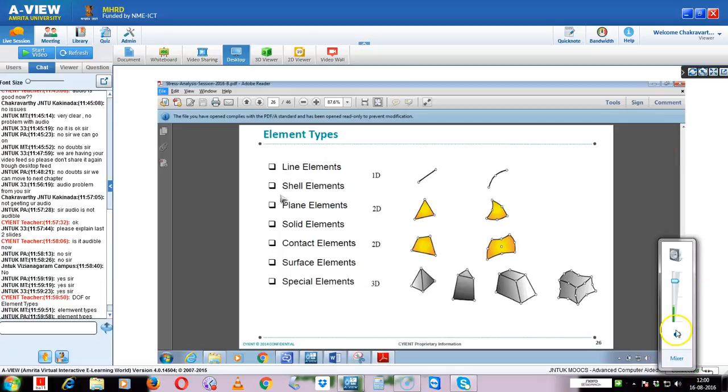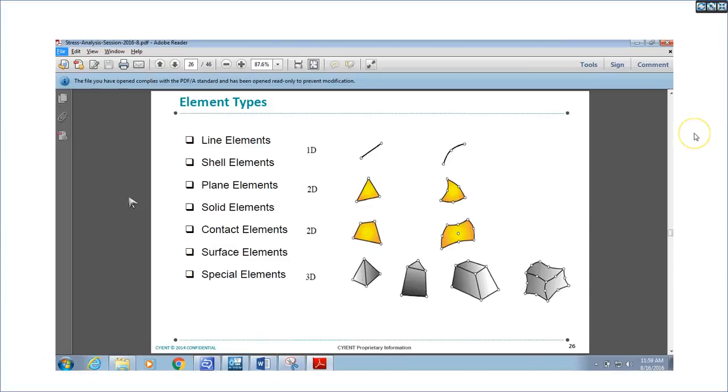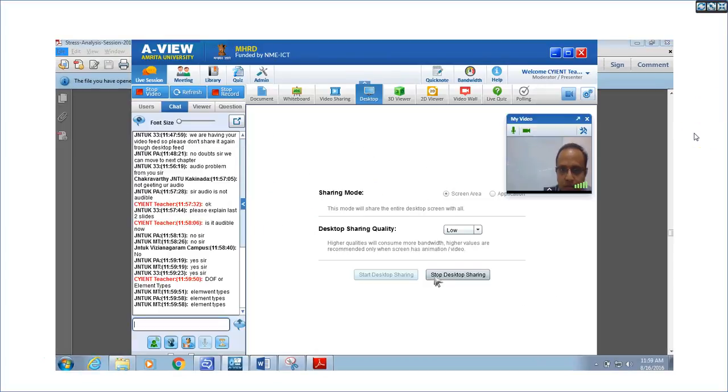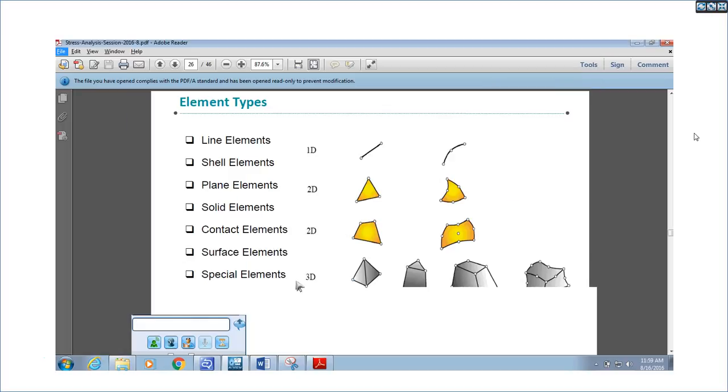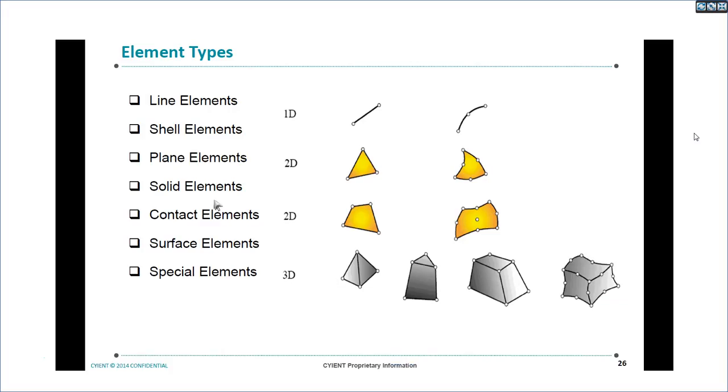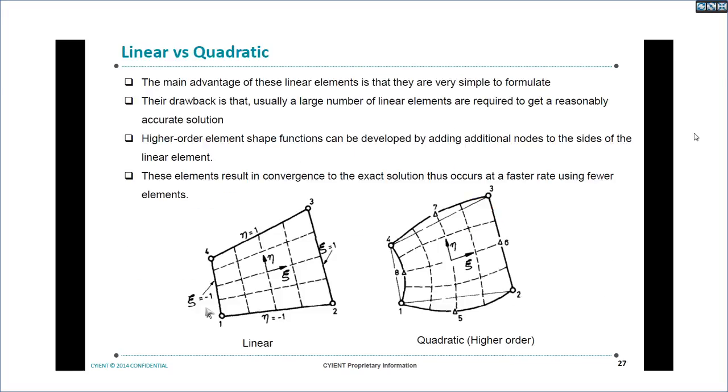The very basic types are line elements, plane elements, then shell elements, solid elements that represent the complete 3D, then contact elements, surface elements, and special elements. So these are the various types of elements available in stress analysis.